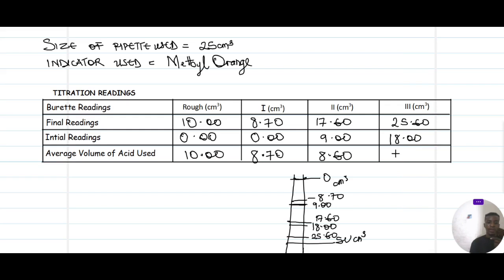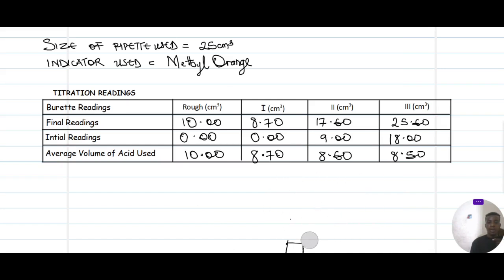When you subtract, you should arrive at 8.50. But if you know this will be confusing, you can fill back to 0.00 and do your normal, or after you're done with this one, you repeat it again by filling to 0.00. I believe you understand what I'm trying to explain here. Please take note of that. It's very, very useful. Let me wipe this off.